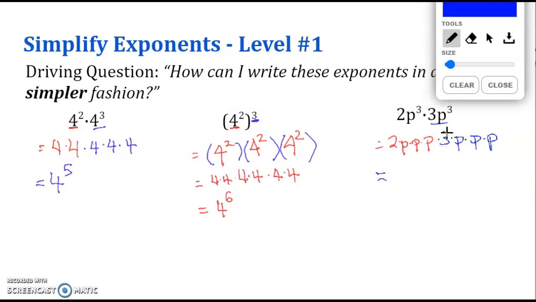When we put them together, let's bring all the numbers together because we know how to multiply the numbers, then bring all the p's together. We have p times p times p from the first one, and another p times p times p. That leaves us with 2 times 3 is 6, and p is being multiplied to itself 6 times. That's how it gets simplified.